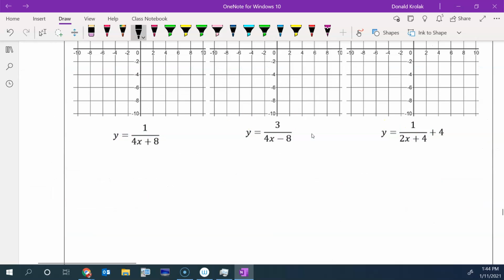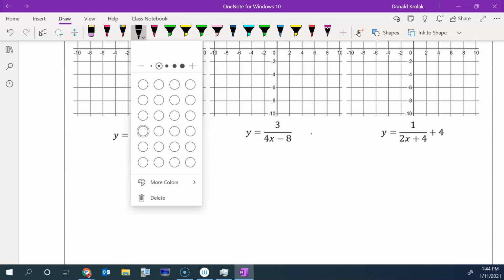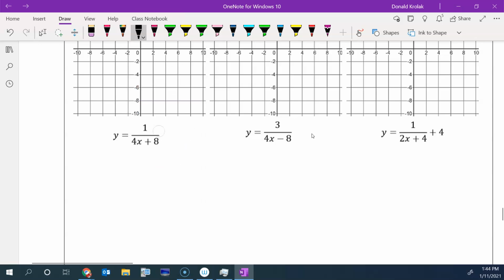Anything that has to get factored, we factor. So let's do those first. Let's see, this guy is going to turn into this guy.